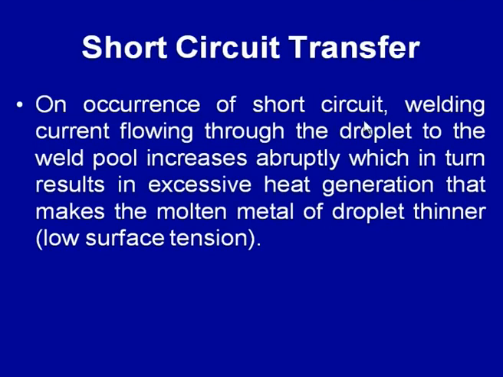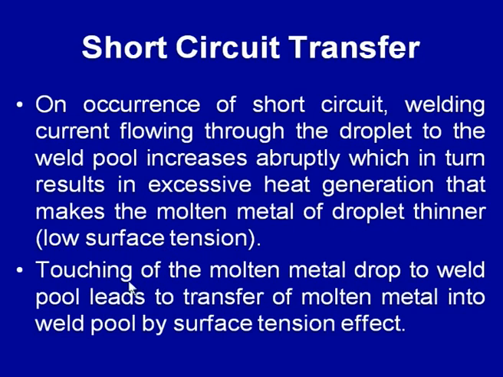But on occurrence of the short circuit, as soon as the molten metal drop touches the weld pool, the welding current flowing through the droplet to the weld pool increases abruptly, which in turn results in excessive heat generation that makes the molten metal droplet thinner. The touching of the molten metal drop to the weld pool leads to the transfer of the molten metal drop into the weld pool by the surface tension effect.